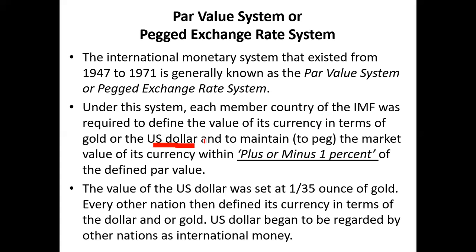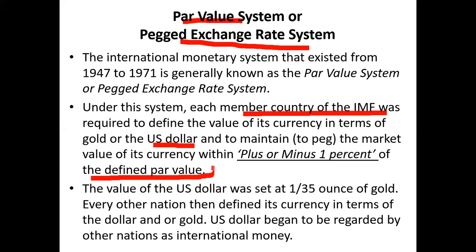So under this par value system or pegged exchange rate system, each member country of the IMF was required to define the value of its currency in terms of gold or the US dollar, and to maintain or peg the market value of its currency within plus or minus one percent of the defined par value. So you first define your par value.